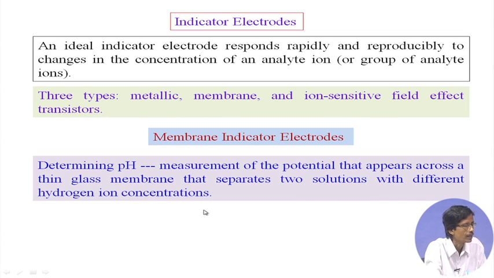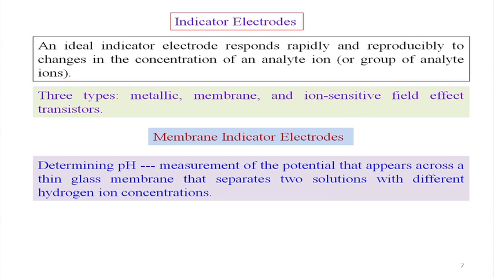What we also know is that for a biological sample or any other sample, around the membrane or the surface of the membrane, you can have some potential. We consider that potential as your membrane potential. The membrane potential is there depending upon the concentrations which are being separated by that particular membrane.